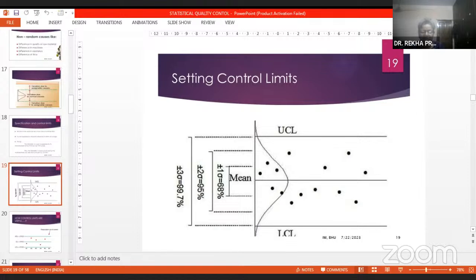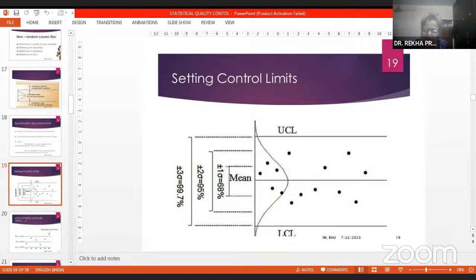Actually, this line does not touch the x-axis. It touches the x-axis at infinity, so it is said to be asymptotic, even at plus infinity and minus infinity.